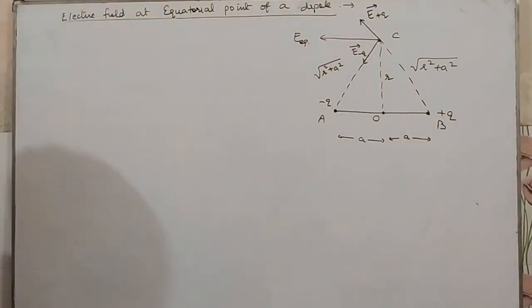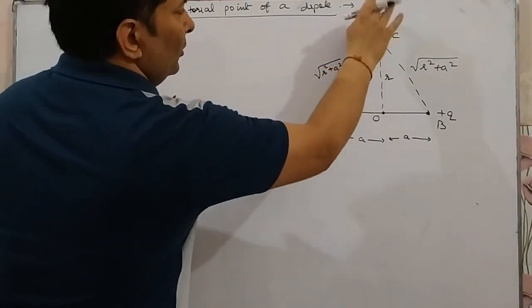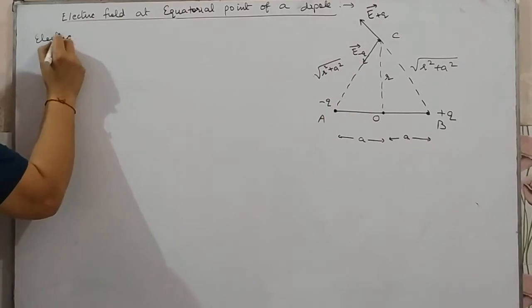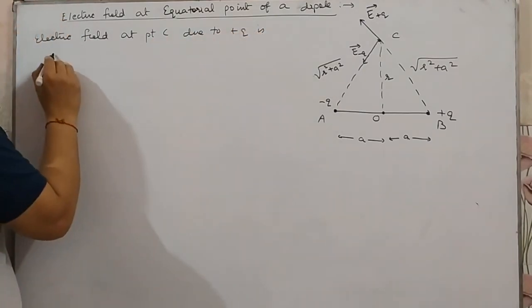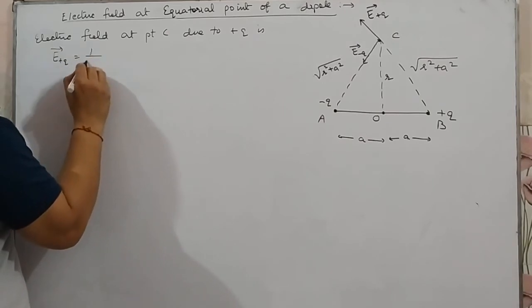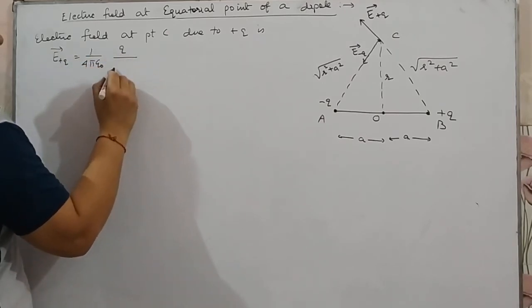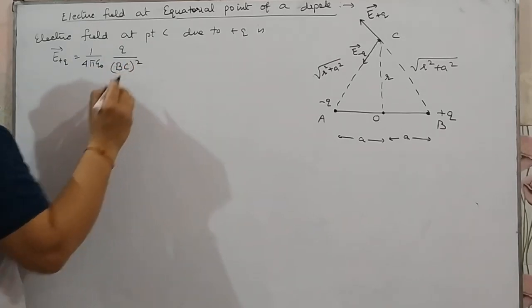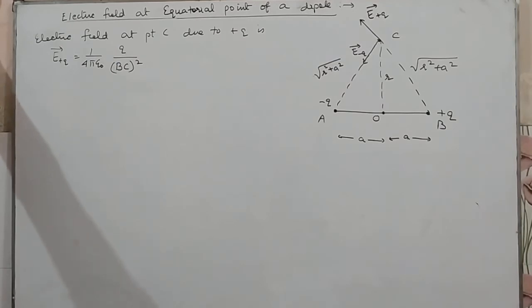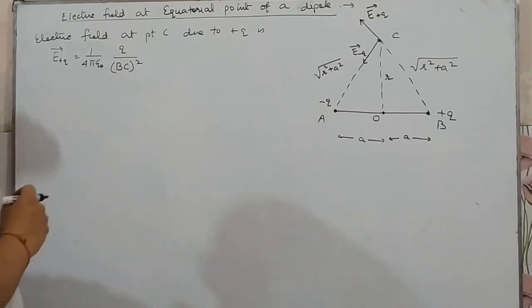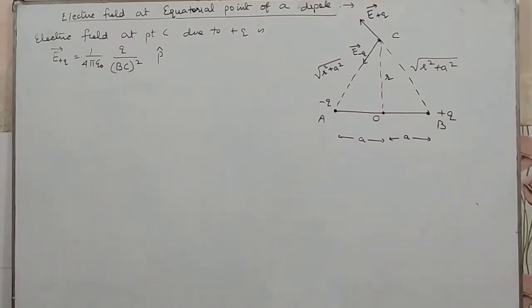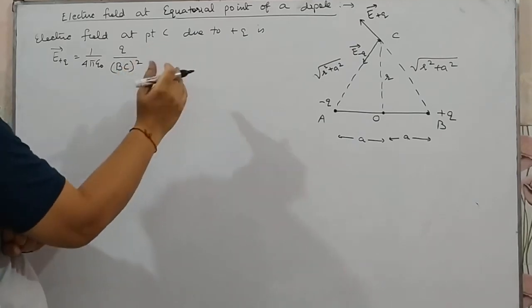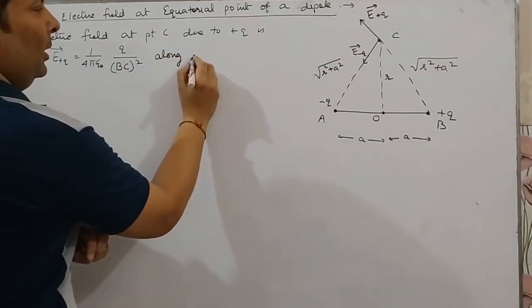First of all, let's go for E minus Q and E plus Q. The electric field at point C due to plus Q is E plus Q equals 1 upon 4 pi epsilon naught, Q upon BC square, and the direction is along BC.